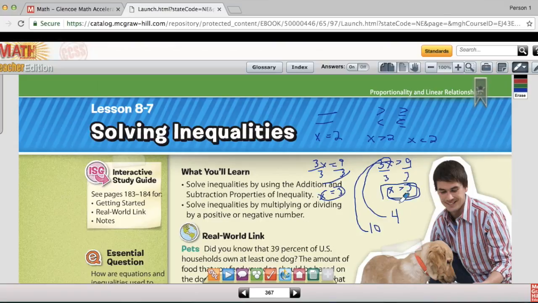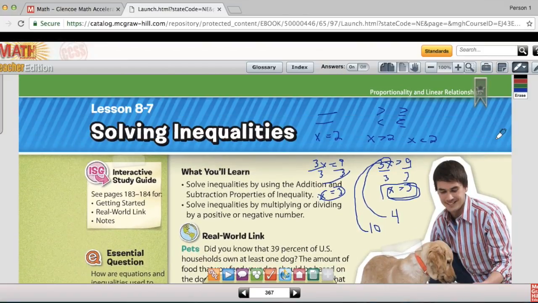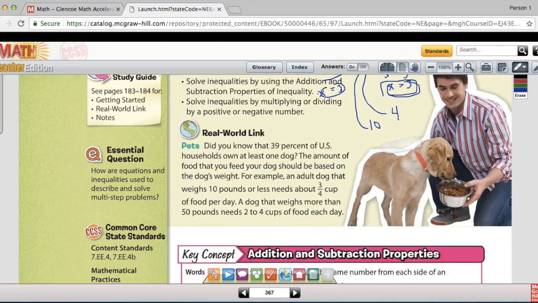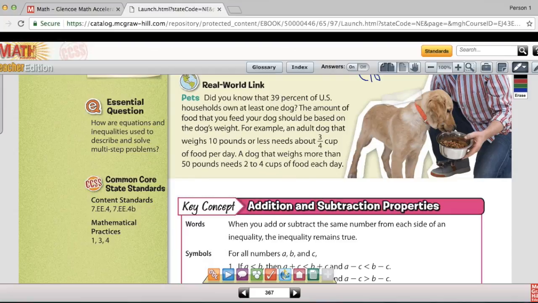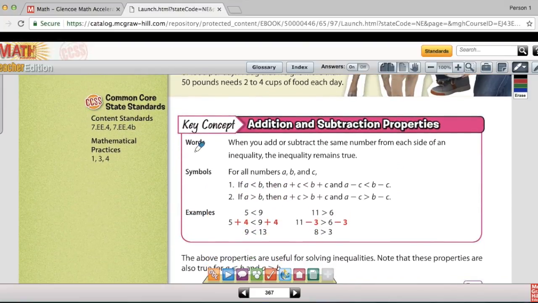That's kind of the main thing you need to understand about the difference between equations and inequalities, in addition to the different symbols that are used in both situations. So let's take a look at 8-7, the examples. Okay, again, we have a key concept here. We have words and symbols, and then some examples.